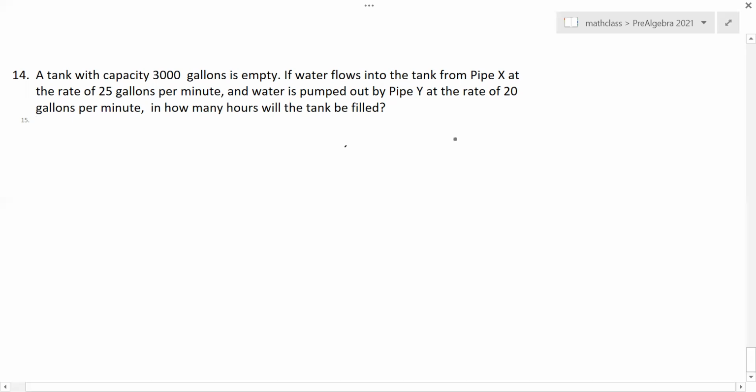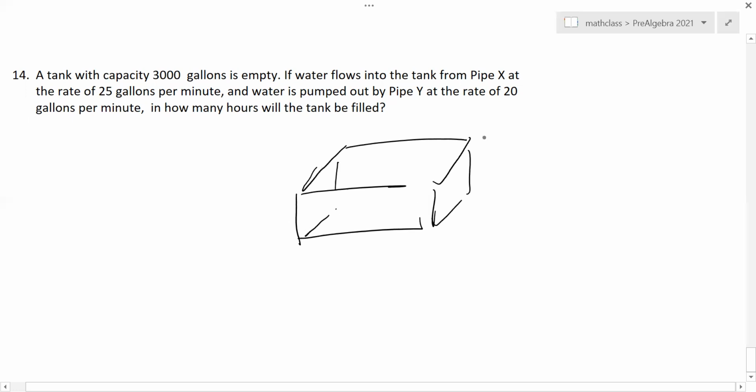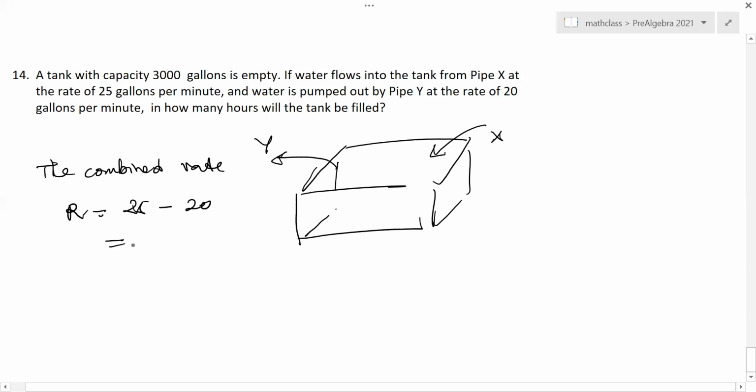Okay, you have a big tank here. When it's in, that's X, and when it's out, that's by the pump Y. So for the combined rate, this time you have to use a difference: 25 minus 20, so every minute you get 5 gallons per minute.